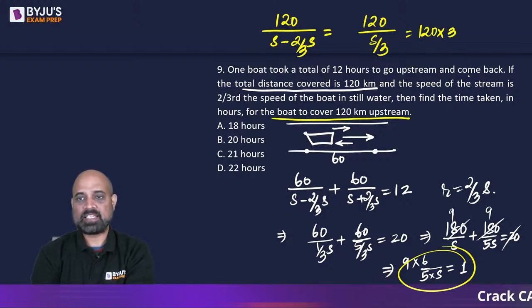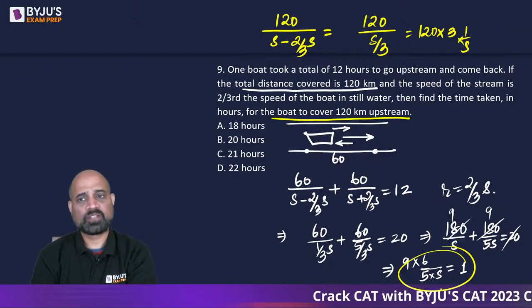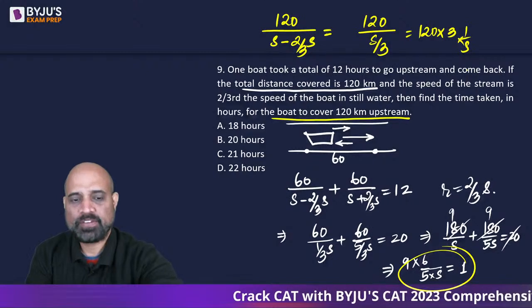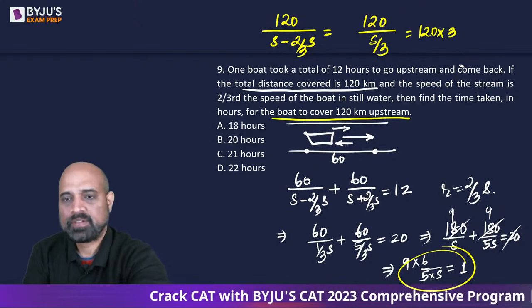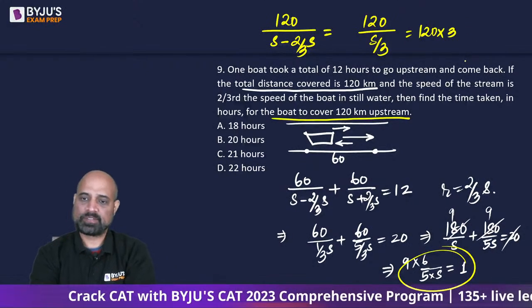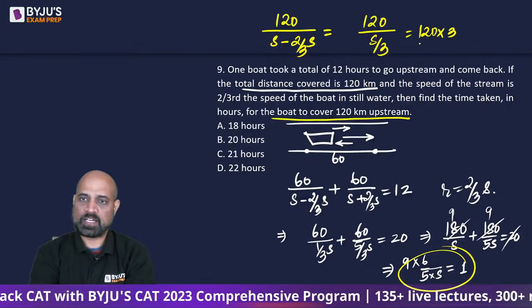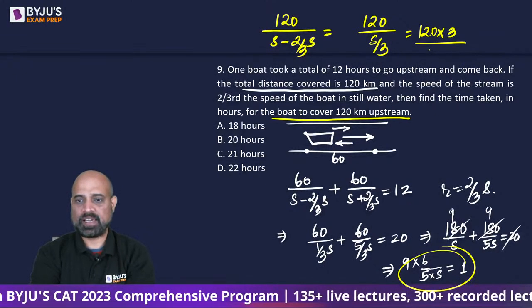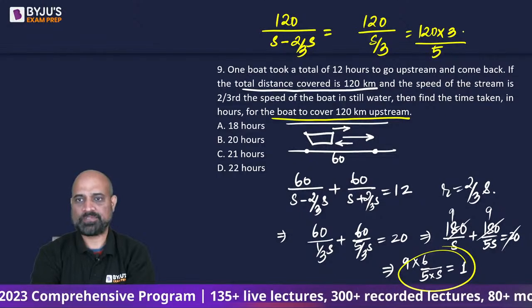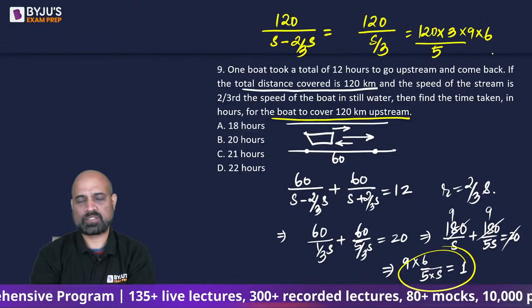Now, can I say 1 by s जो multiplied है? Instead of that, we can write this number 9 into 6 upon 5, right? या फिर s can be written as 5 and then 9 into 6.